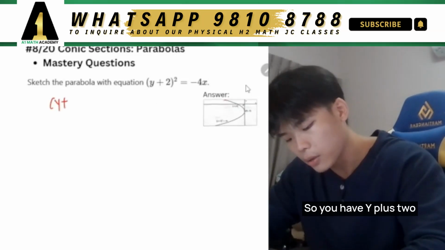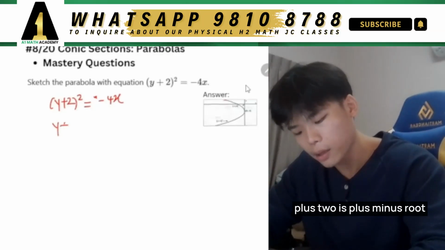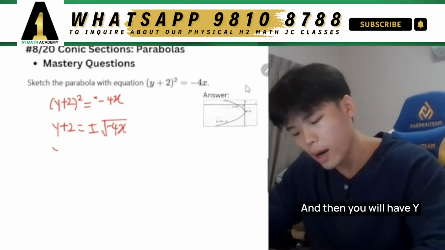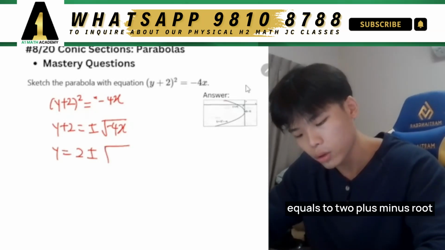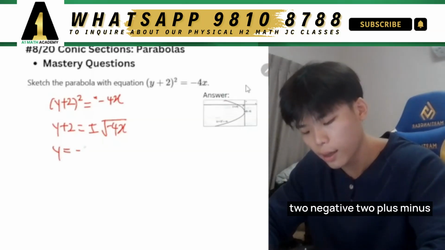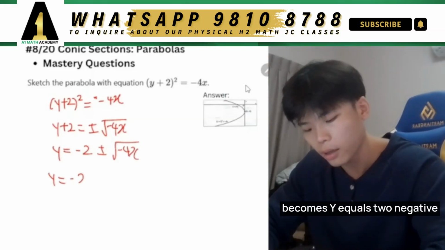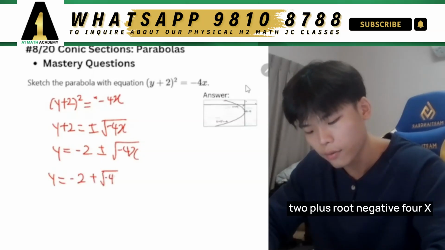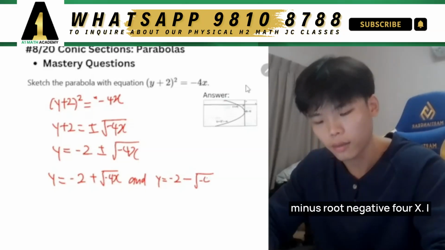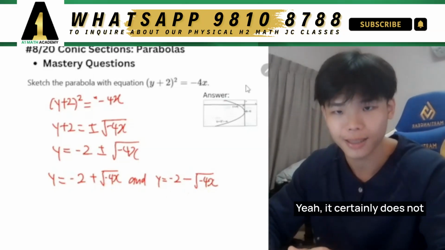So you have y plus 2 squared equals -4x, and then you have y plus 2 is plus minus root -4x, and then you will have y equals -2 plus minus root -4x, which becomes y equals -2 plus root -4x, and y equals -2 minus root -4x. I know it doesn't make sense to have a negative root negative. Yeah, it certainly does not make sense.